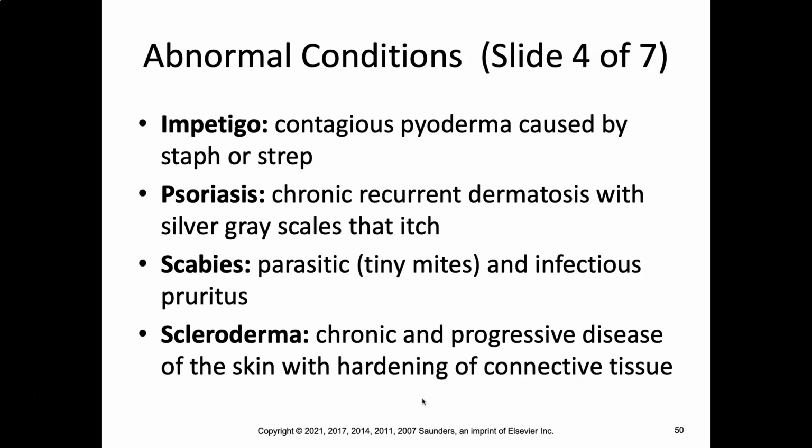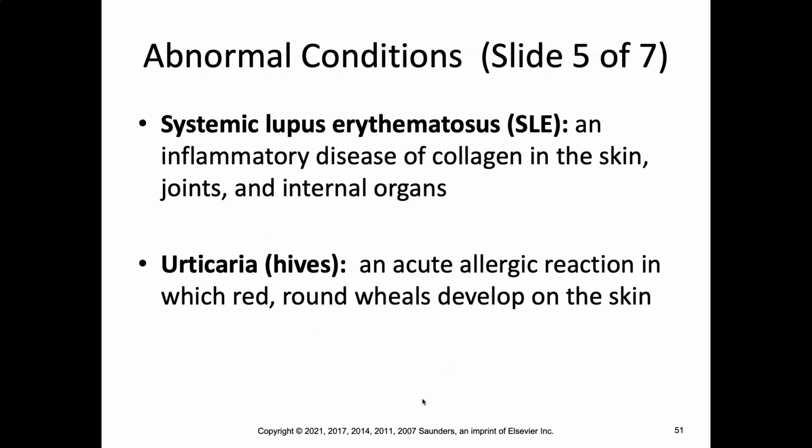Scleroderma. This is a chronic progressive disease of the skin that hardens the connective tissue. Systemic lupus erythematosus. We studied this last week under the musculoskeletal system when we talked about joints and how it attacks the joints.